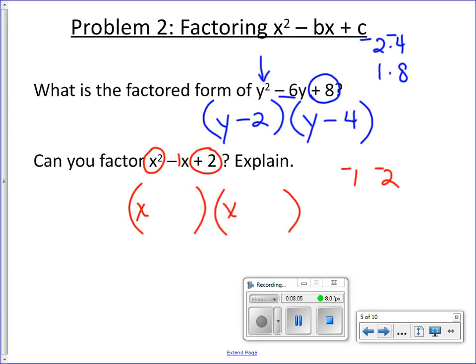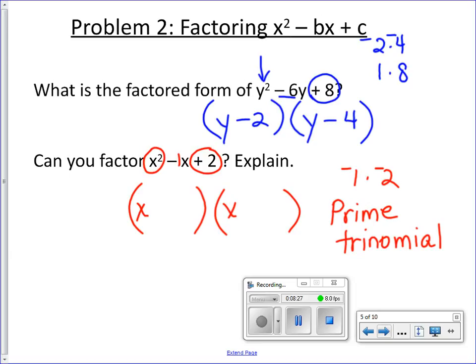So this expression cannot be factored, and it is what we call a prime trinomial, meaning it cannot be factored. And if you have any question about this, please ask.